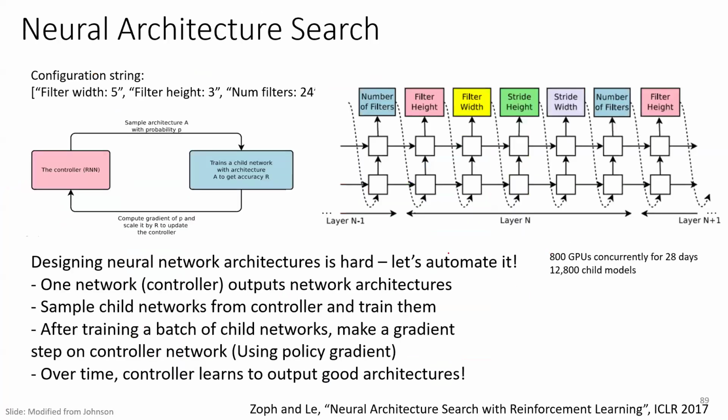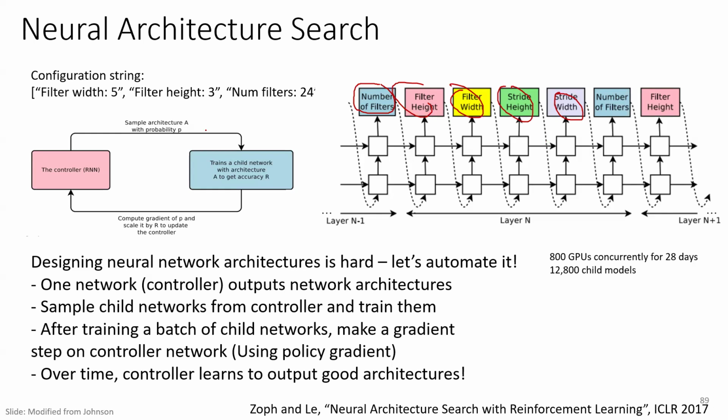Okay. One more important idea is the so-called neural architecture search. Neural architecture search means now there are decisions to make, right? Number of filters, the filter height, filter width, stride height, stride width, and so on. Those decisions in the previous networks that we discussed were made by hand by human beings.